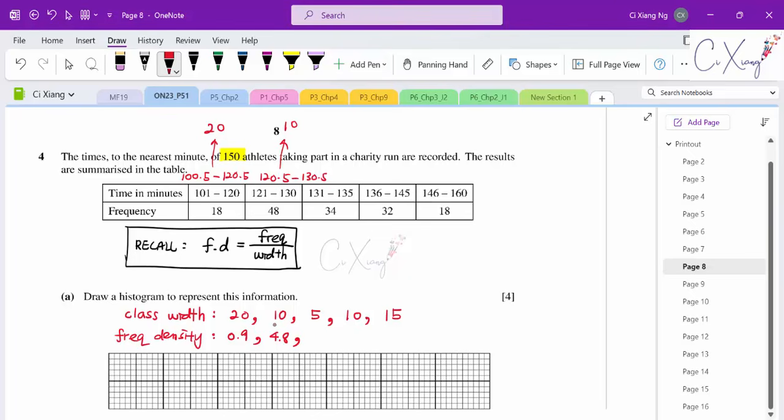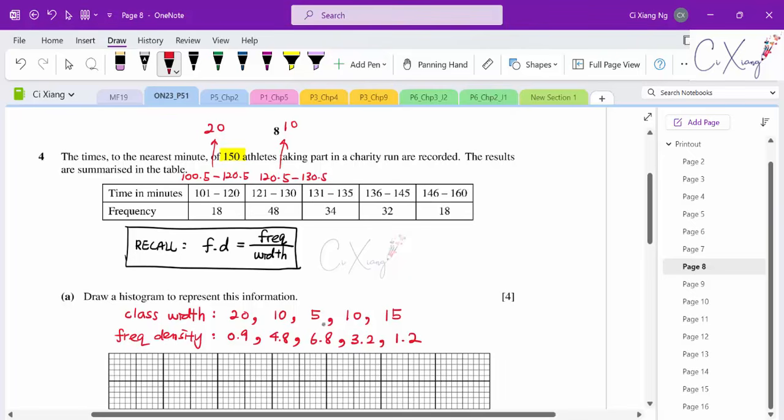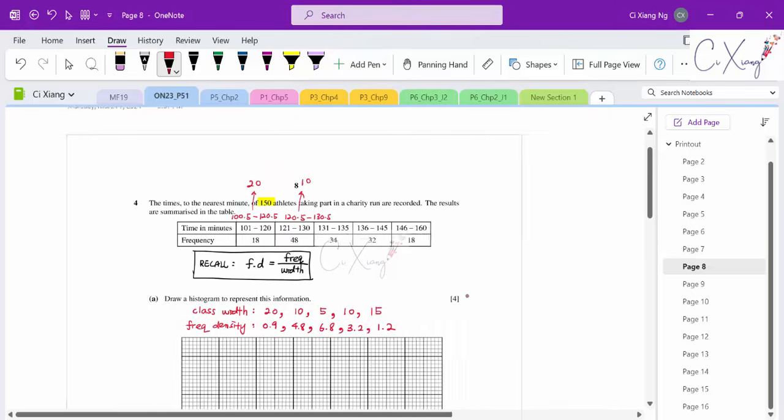Again, you repeat the same steps for all the other classes until you get the frequency density for every single class. In your solution, please make sure that you show the answer for class width and also for frequency density.